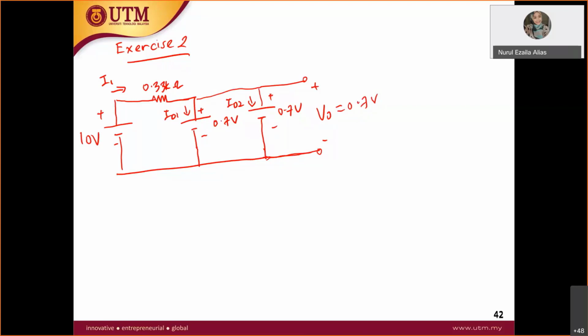All right, now let's take a look at how to find the current. Now you need to find current I1, current ID1 and current ID2.